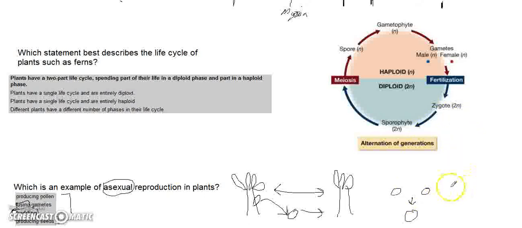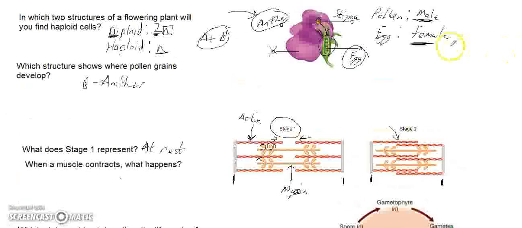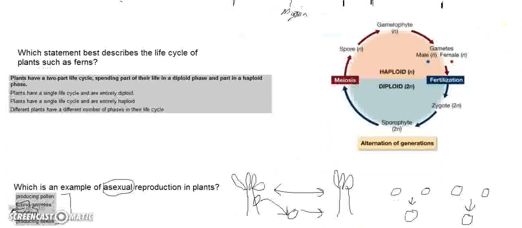Gametes are sex cells, so we'd have a pollen and an egg cell, and they fuse together to become called a zygote, and then that develops into a seed. So fusing gametes is saying the same thing as a pollen and an egg cell combining. Both of these are gametes, and fusing means they come together. So budding is our example of asexual reproduction.